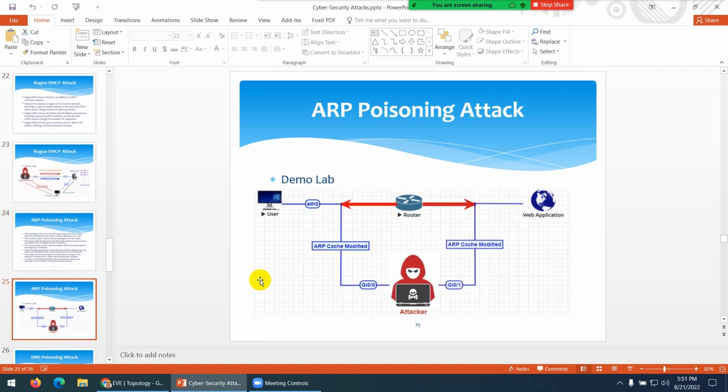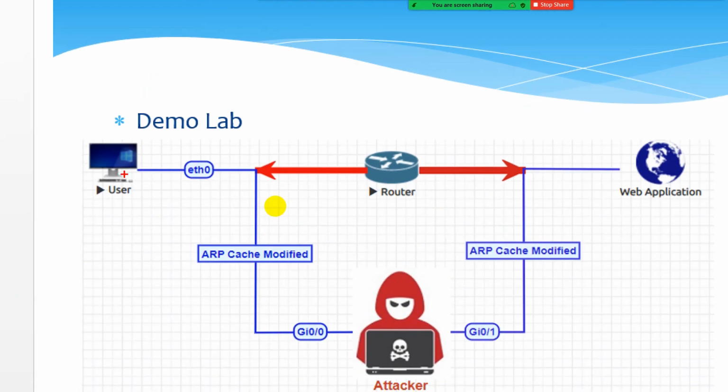Because the time is short, I will go through quickly. So this is our topology. What will happen in an ARP poisoning attack? Suppose this user is accessing google.com, facebook.com, something, and this is the actual router or firewall which is doing the routing. What I will do as an ARP attack is that this request will go through here and then it will go.